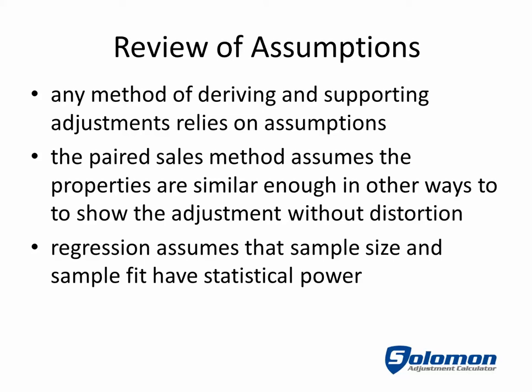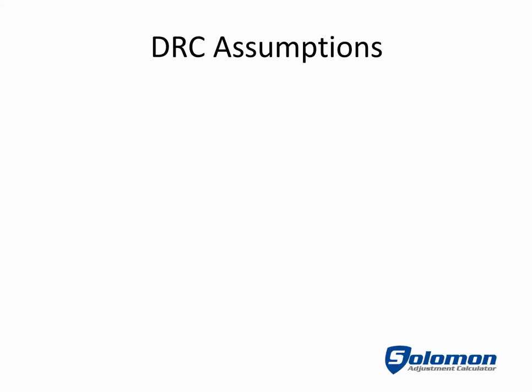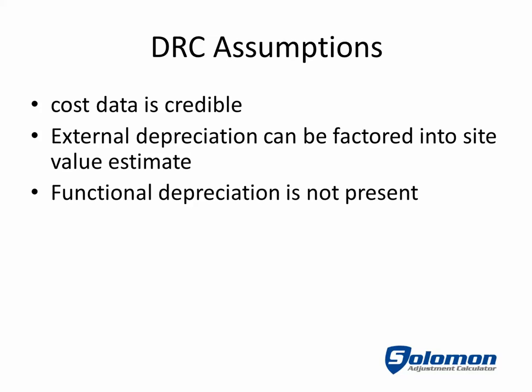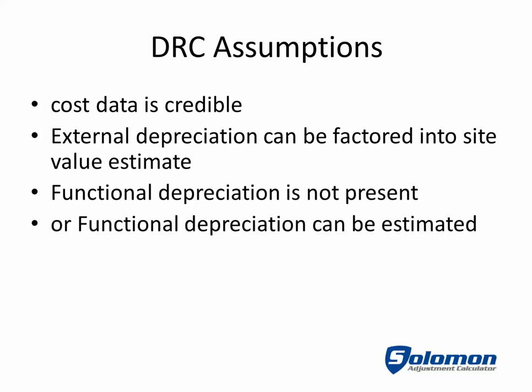That is much easier in the cost manual than it is in the MLS data. Again, our depreciated replacement cost assumptions are that the cost data is credible, that external depreciation can be factored into the site value, and that functional is not present or can be estimated.